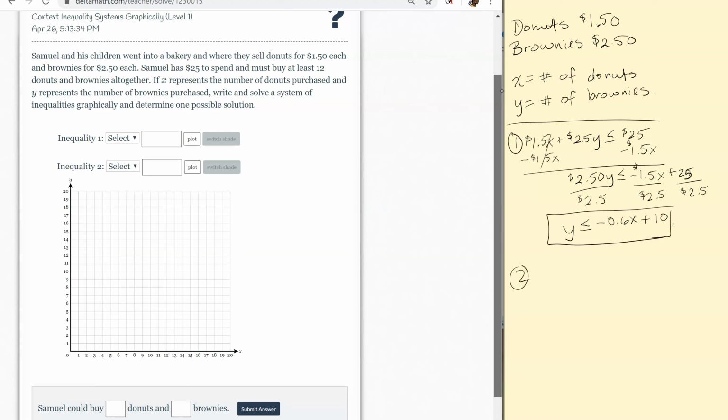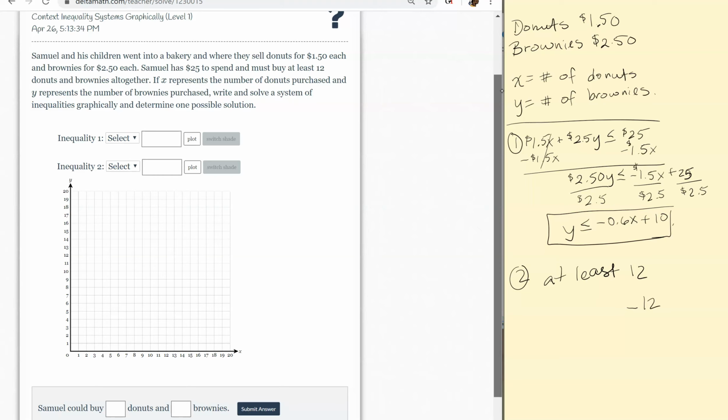Let's work on the second one. The second one says they buy at least 12. So what that means is that they can buy exactly 12.